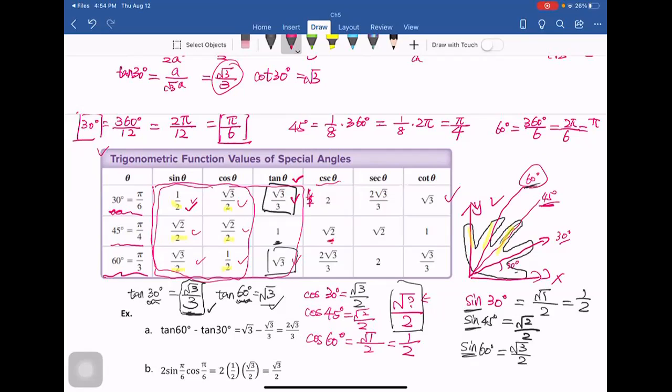That's square root of 2. So you will save a lot of time memorizing this table. Just memorize these 9 values, and there's no use to memorize these. Just use the reciprocal relationship to find the value. Remember, this table is very important.